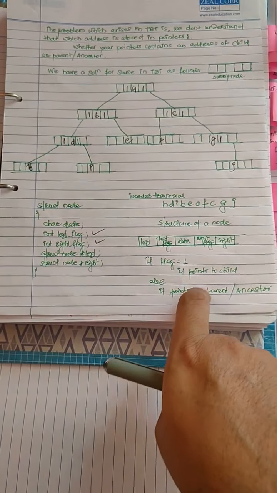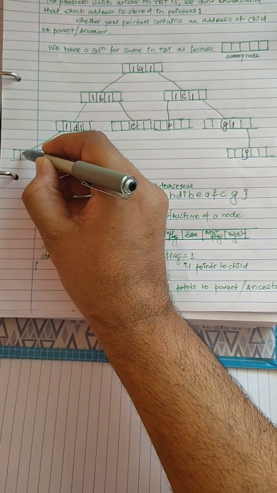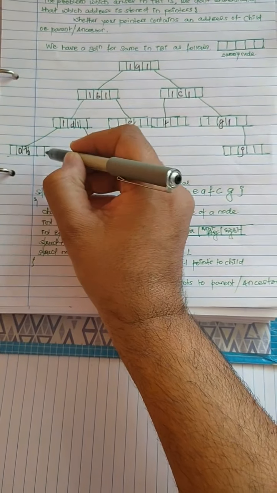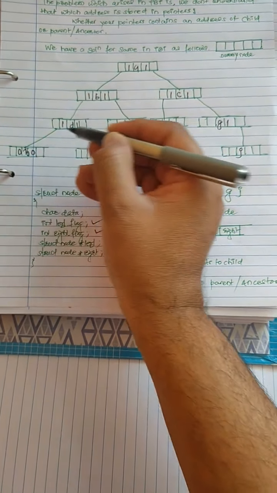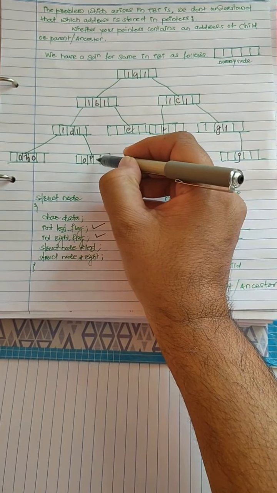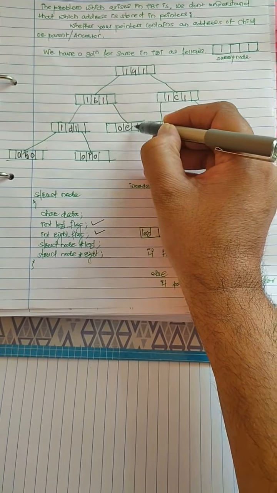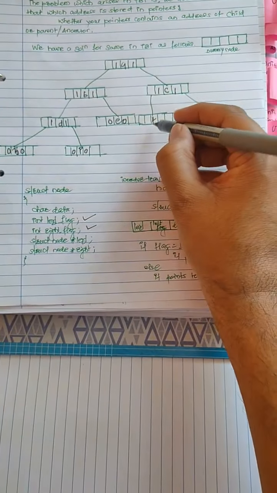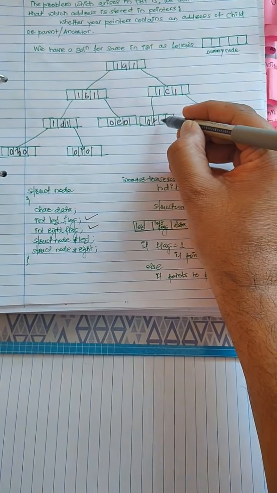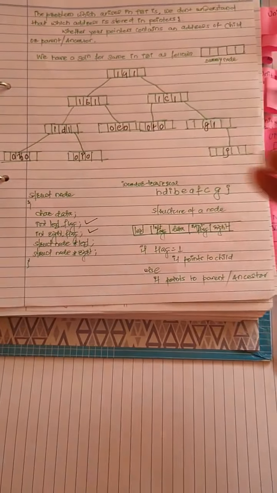That's the only reason why the left flag of H has to be 0, right flag has to be 0. The left flag of I is 0, right flag is 0. Left flag of E is 0, right flag of E is 0. Left flag of F is 0, right flag of F is 0.